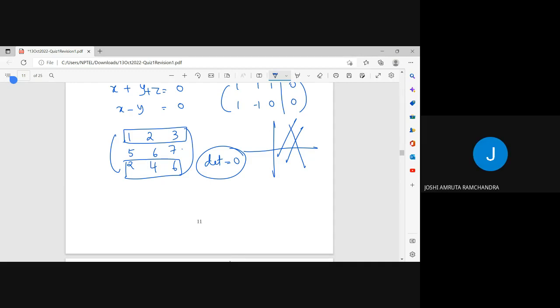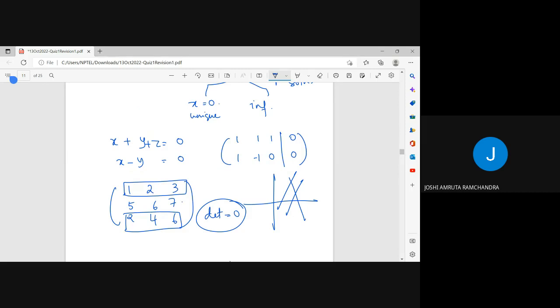Madam, above you read the augmented matrix with x plus y plus z. In that, can we have one dependent variable? One dependent variable? Yeah, why not? No, you said two dependent and one independent for that equation.